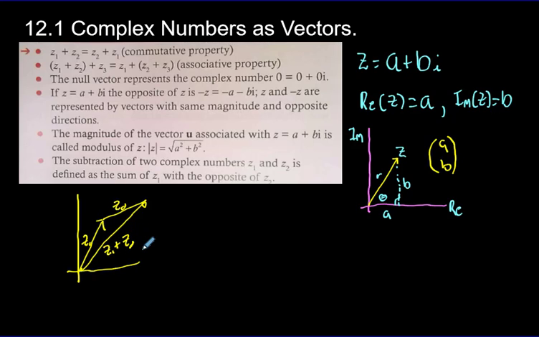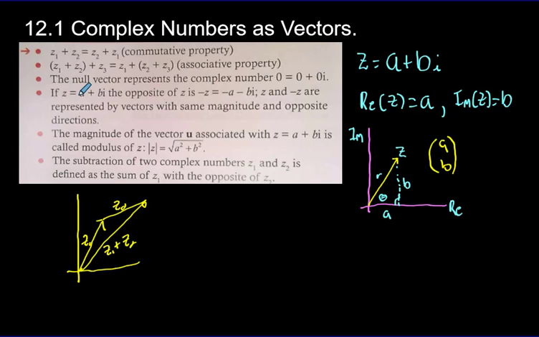We can use the triangle rule, or vector addition, and those rules hold for complex numbers. So we can take their real parts and add them, and their imaginary parts and add them, to get this other complex number. The null vector represents the complex number 0, 0 plus 0i. That's pretty straightforward.